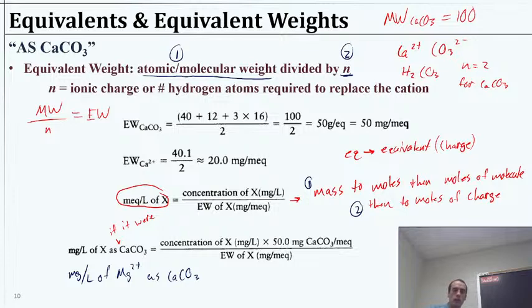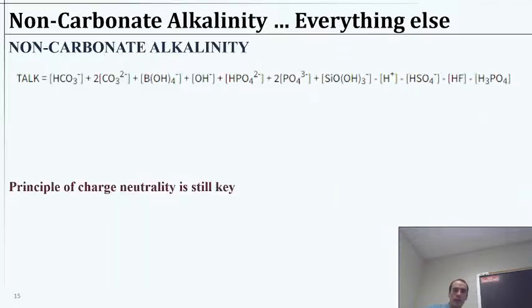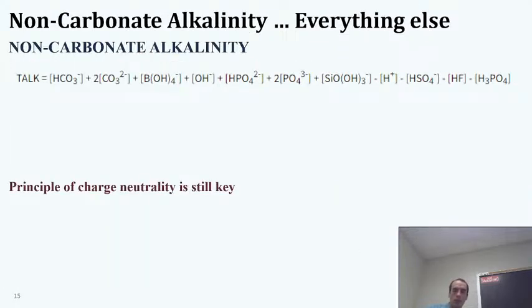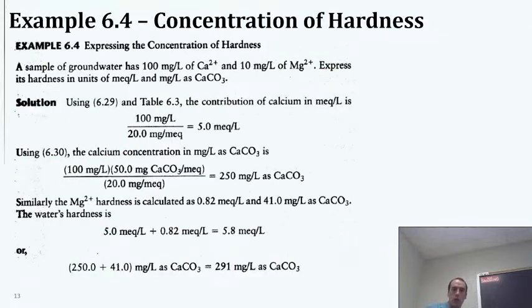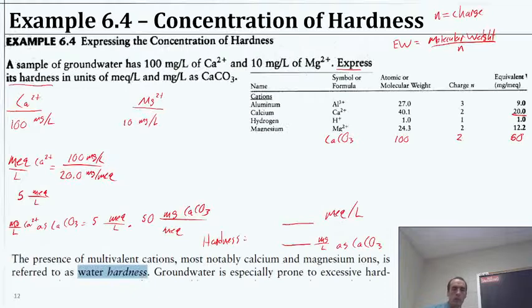So doing that gives us 5 times 50 milligrams of CaCO3 per milliequivalent. That should give us a conversion that says 250 milligrams per liter as CaCO3.